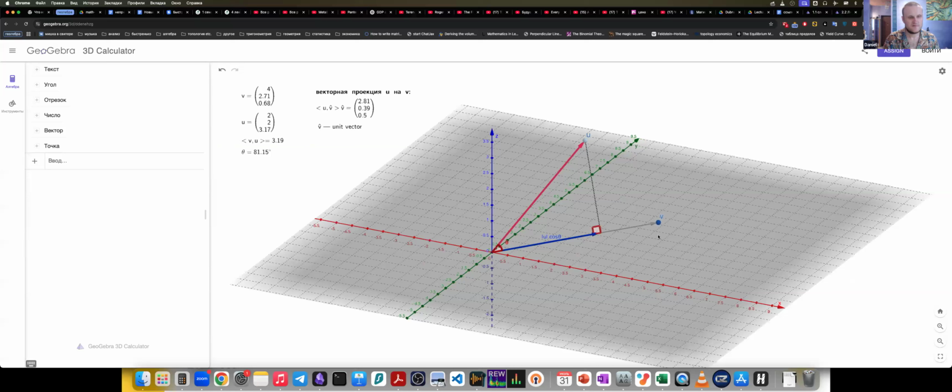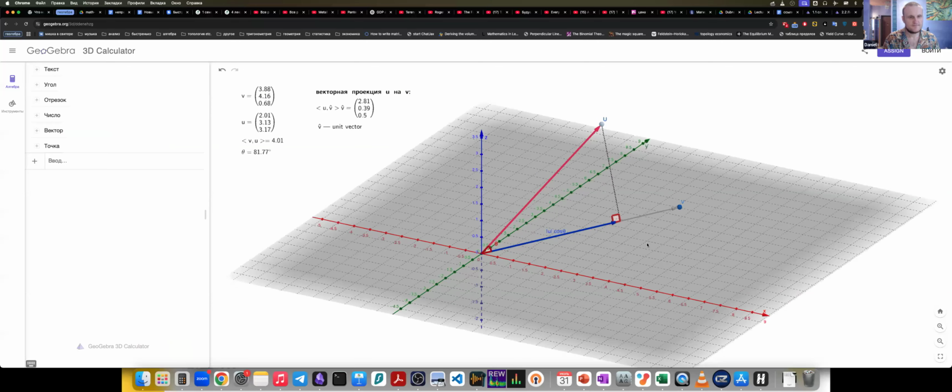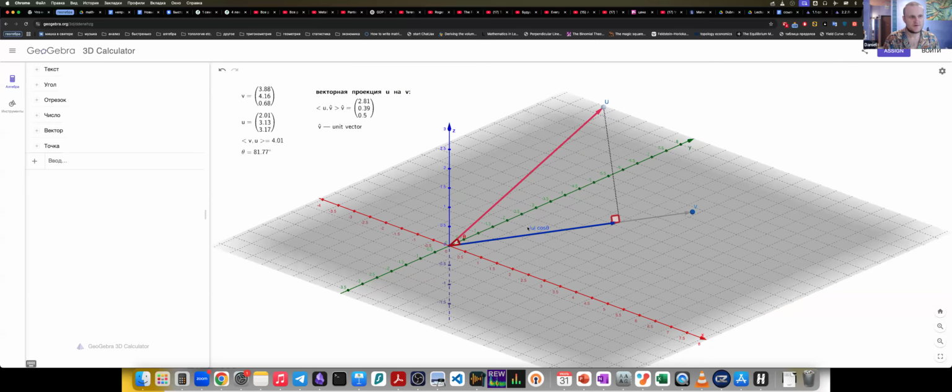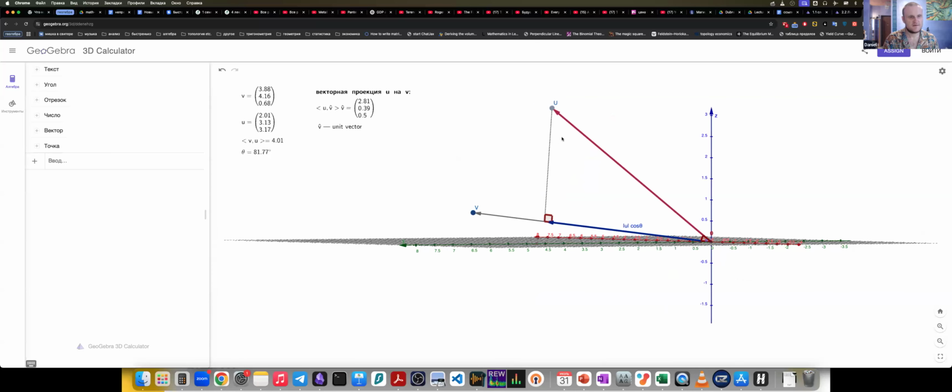V and U. And we can use them to derive the orthogonal projection, which is the norm of U, so a unit vector in the direction of U, times cosine theta. Theta is the angle between these two vectors, and we just do that to come up with the orthogonal projection. Okay?